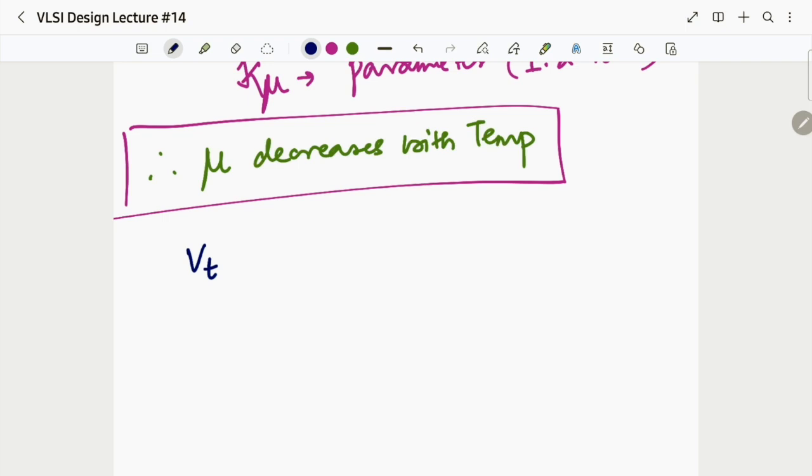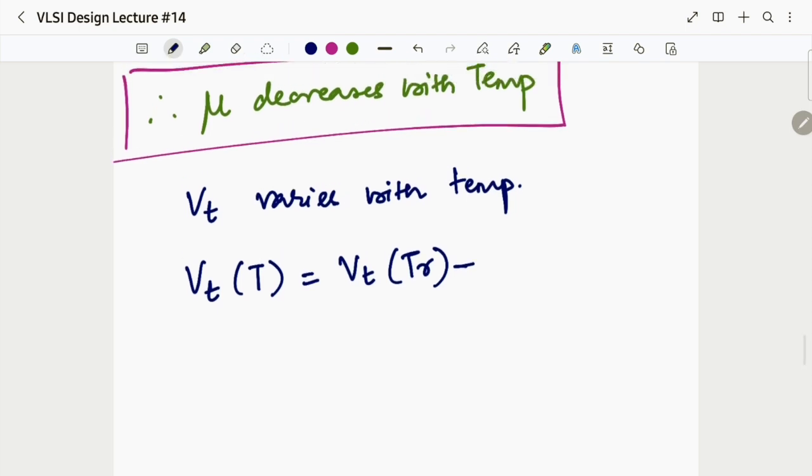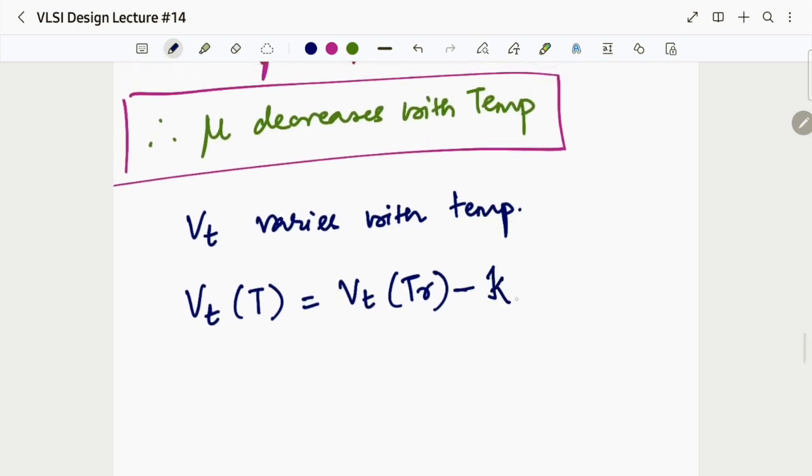So our favorite, threshold voltage, also varies with temperature. How is that variation, or what is that variation? Threshold voltage at absolute temperature is equal to threshold voltage at room temperature minus kVT times (T minus TR).